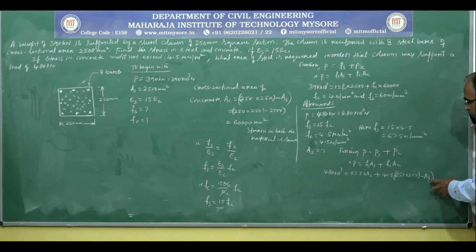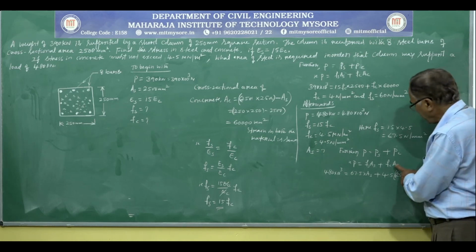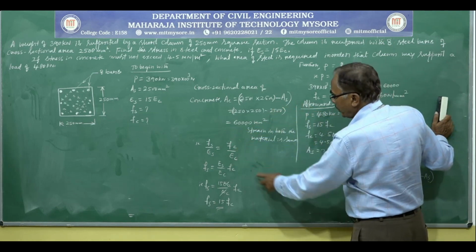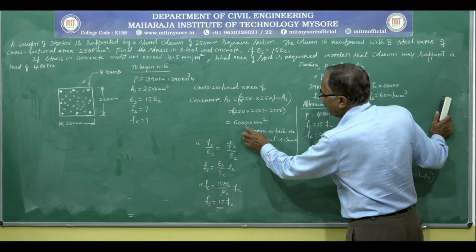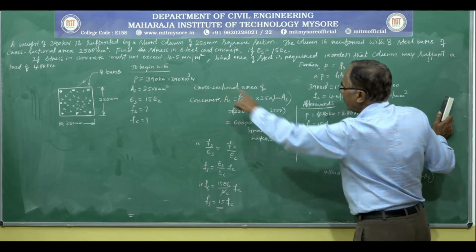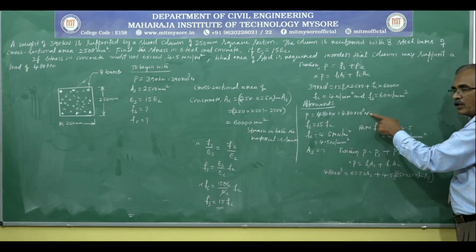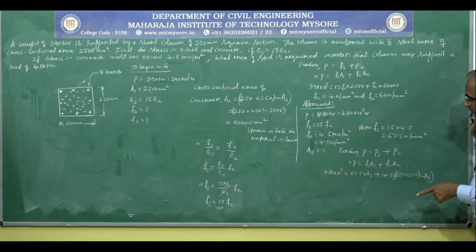So there shall not be any confusion here. This area of concrete is different from the area of concrete of 60,000 which you already calculated, because that area of concrete is based on the area of steel given, 2500 millimeter square, whereas to resist the load of 480 kilonewton, it is asked to calculate the area of steel required.